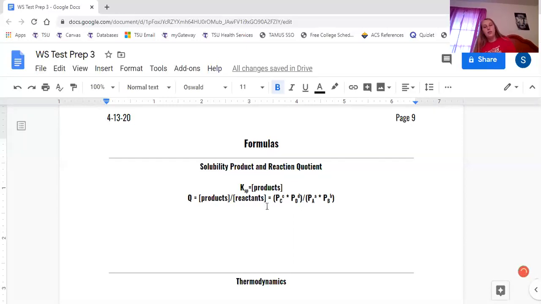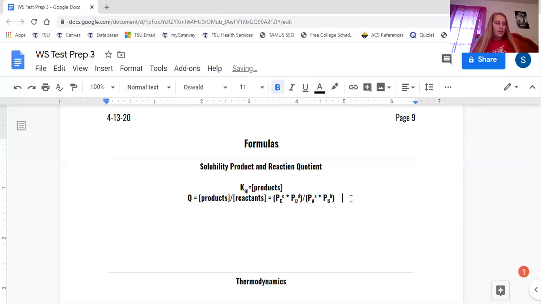So if you have all of this, and this is going to be like if you had an equation and it was like little a, big A, plus little b, big B. I can write that up for you.